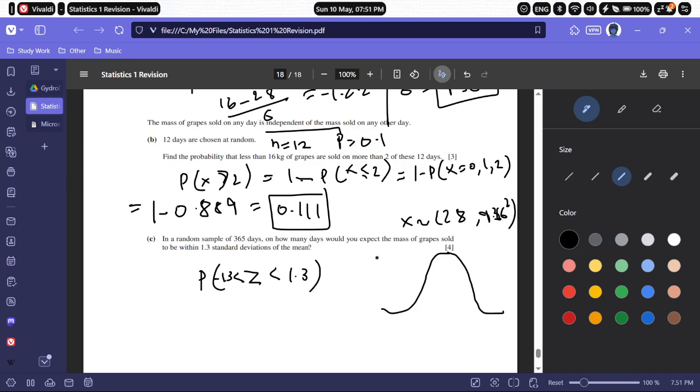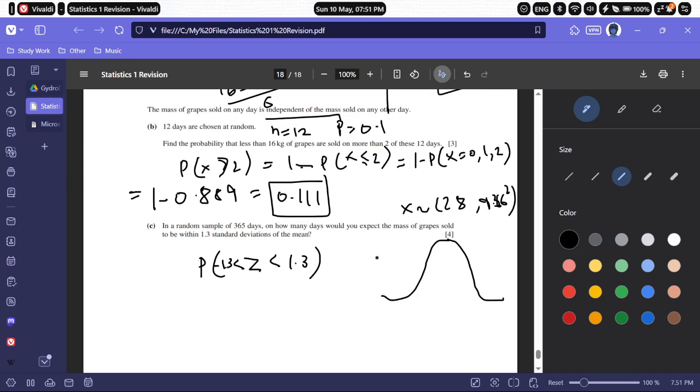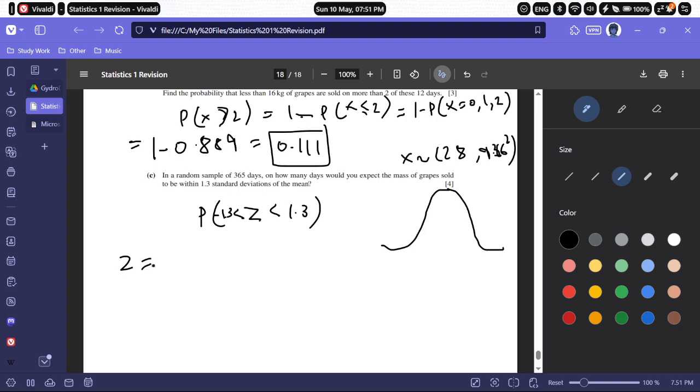However, for doing your calculation, you have to standardize it. Whenever you do z is equal to x minus mu over standard deviation, this is a formula for standardizing this distribution to a standard normal distribution where the mean is 0 and the variance is 1.